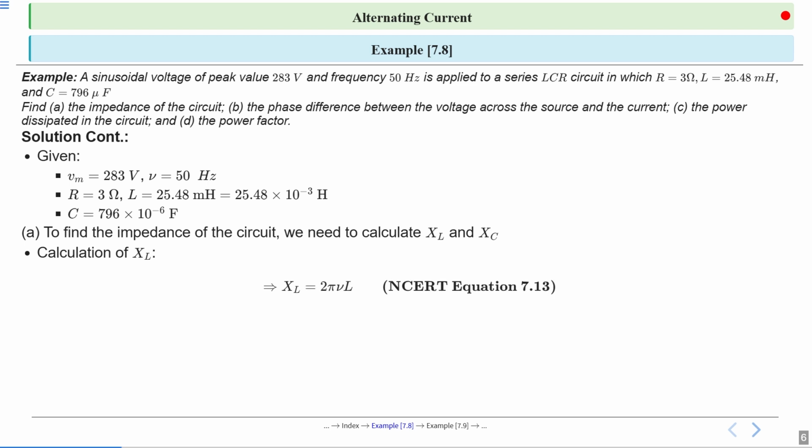Calculation of XL: XL is equal to omega L, and omega is 2 pi nu, so XL equals 2 pi nu L. NCERT question 7.13. XL will be equal to 2 into pi, 3.14, into nu, 50 hertz, into L, 25.48 into 10 to the power minus 3. So XL is equal to 8 ohm.